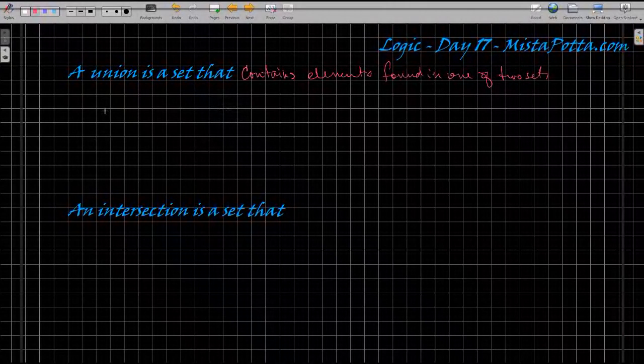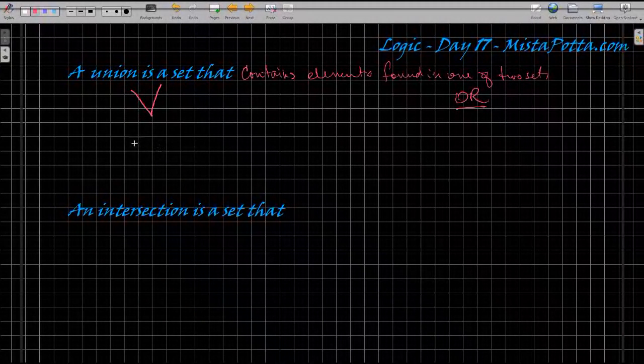And if that sounds a little familiar, it sounds like it can be in one set or another set. That means this union is very closely related to a disjunction.